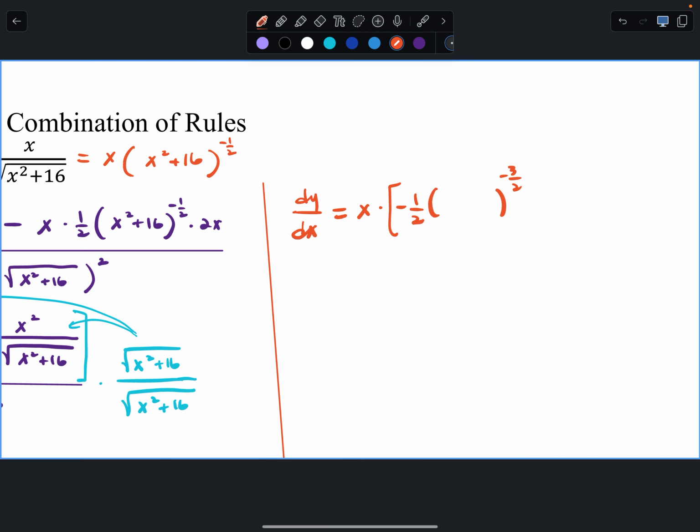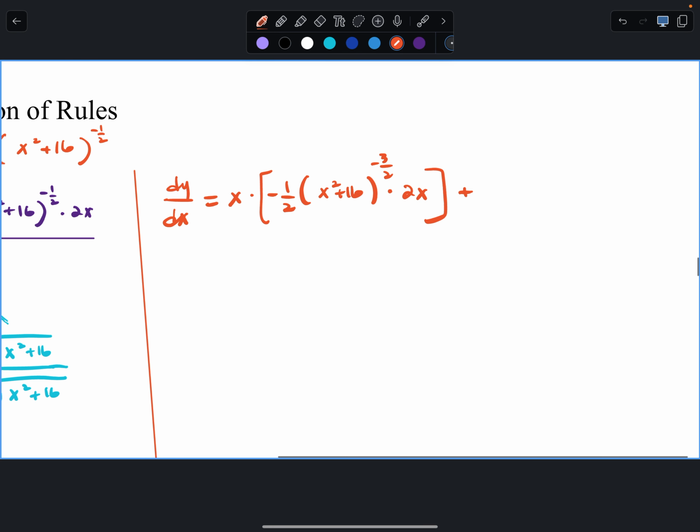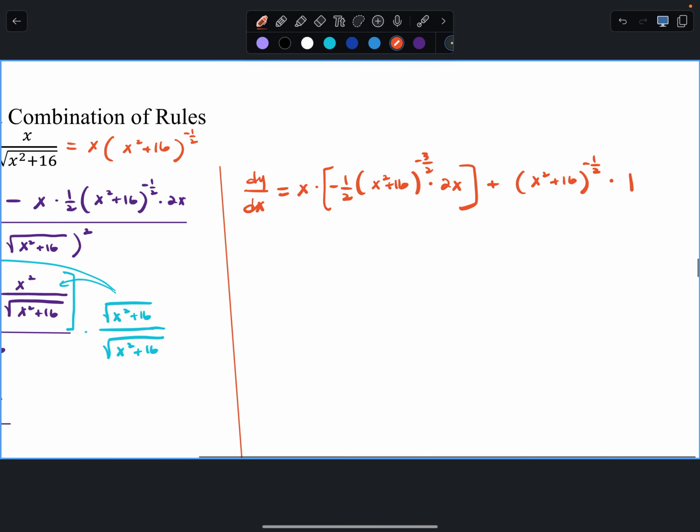Leave the inside alone times the derivative of the inside, that's chain rule, and then plus that second factor times the derivative of the first factor.